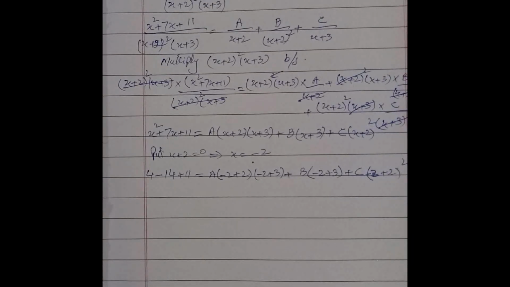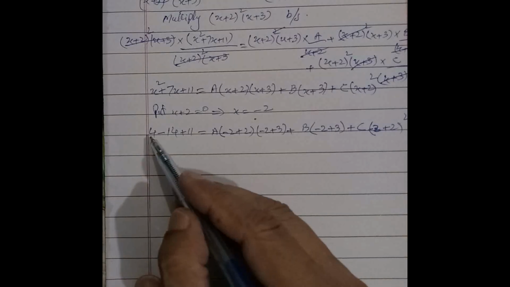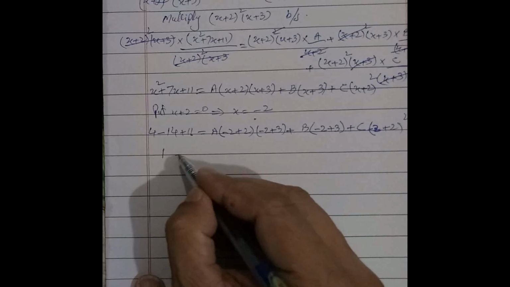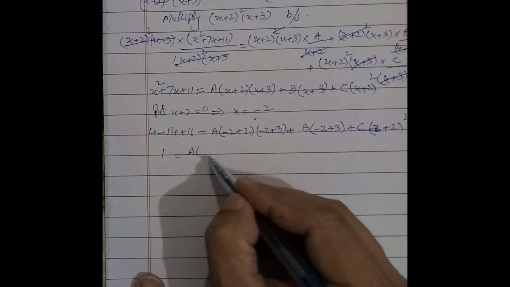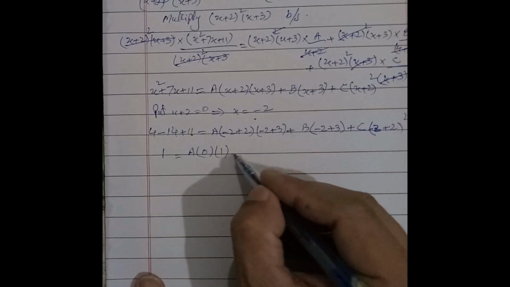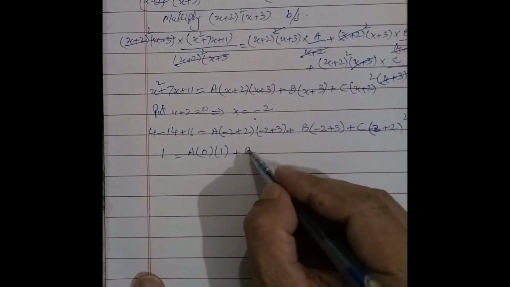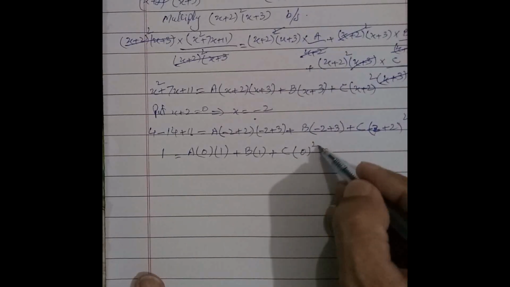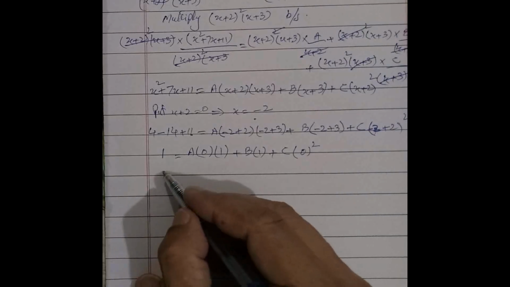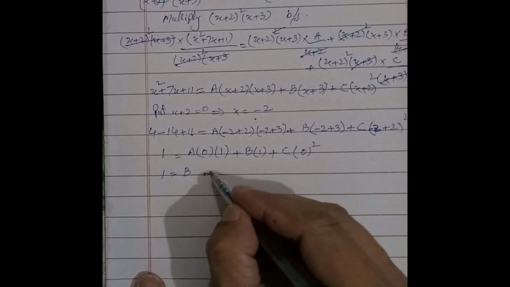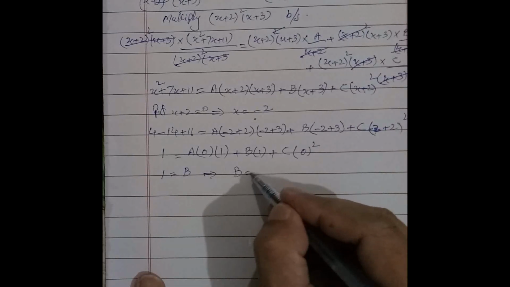Now simplify these values. We get 11 plus 4 is equal to 15, and 15 minus 14 is equal to 1. A into minus 2 plus 2 is equal to 0 into 1, plus b into 1, plus c into minus 2 plus 2 is equal to 0 whole square. And we get 1 is equal to b, or we can say b is equal to 1.